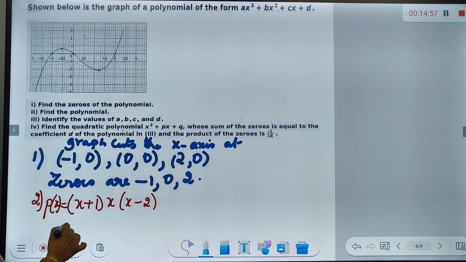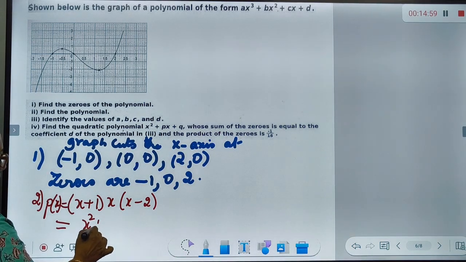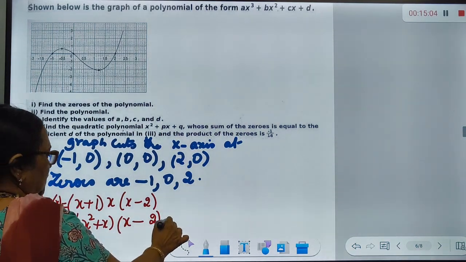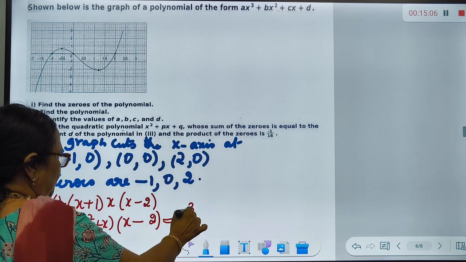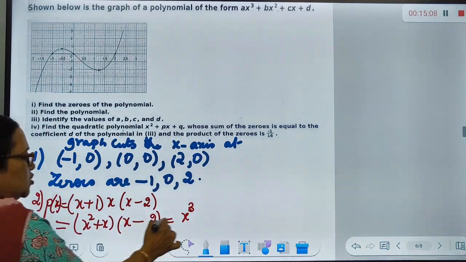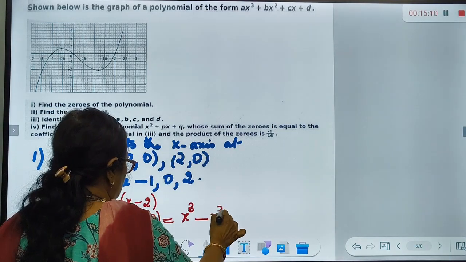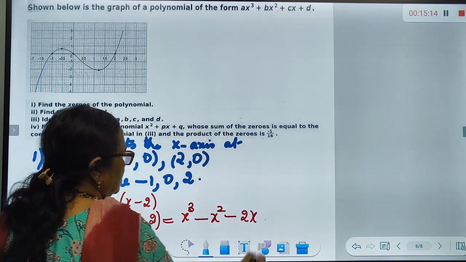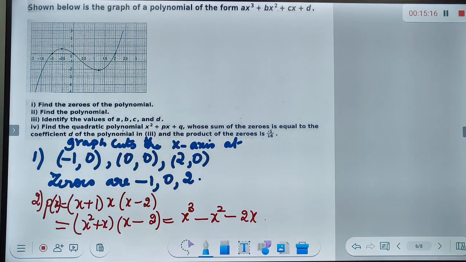Further, x square plus x into x minus 2, which is x cube plus x square minus 2x square will give you minus x square, then minus 2x. So this is the polynomial.